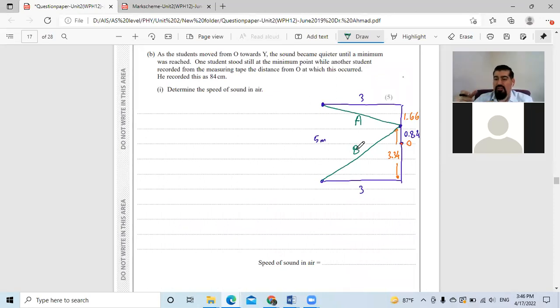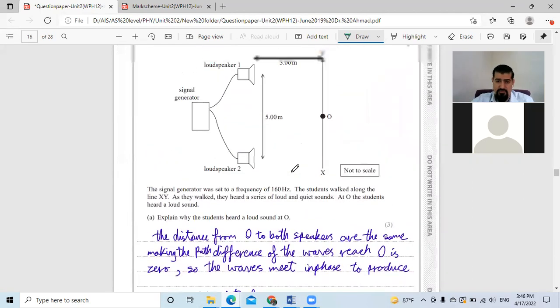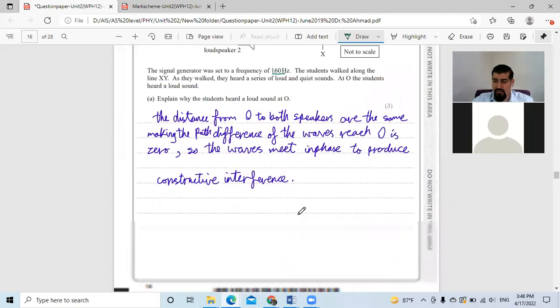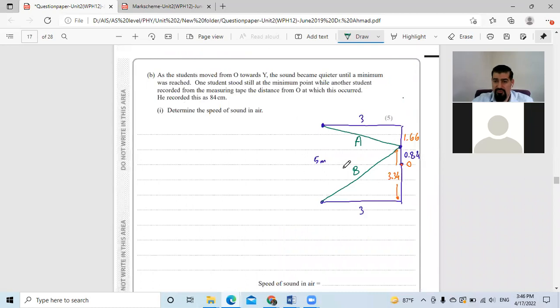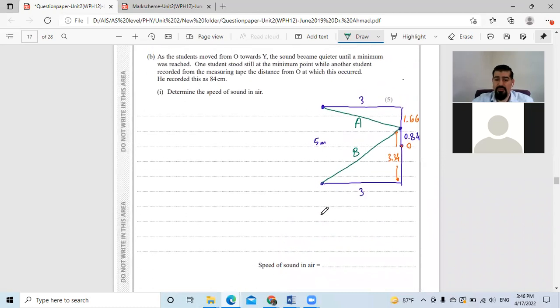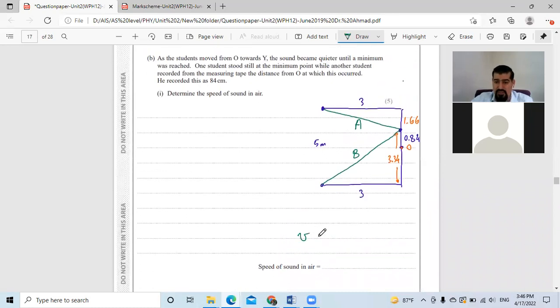If I know the wavelength and the frequency, which from the beginning of the question is 160 hertz, I can multiply both to find the speed of sound in air. So speed of sound equals the frequency multiplied by the wavelength. So 160 multiplied by the wavelength. I have to know the wavelength, which comes from the path difference.